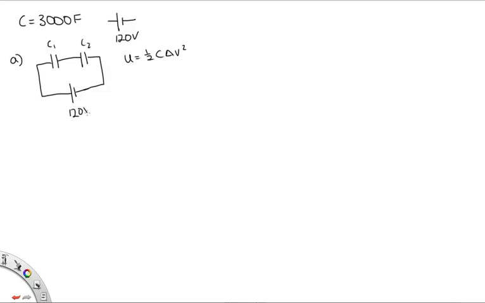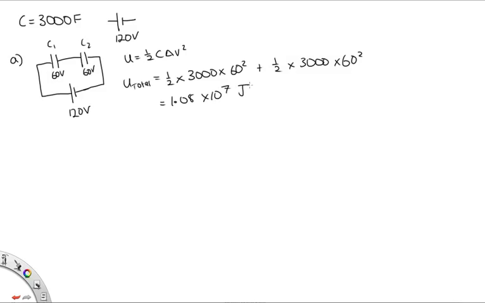This is 120 volts, and then because C1 is equal to C2, this will have a 60 volts voltage drop across it, and this one will also be 60 volts. So U total will equal a half times 3000 times 60 squared plus a half times 3000 times 60 squared, one for each of those capacitors, which will give us 1.08 times 10 to the 7 joules is stored in that case.